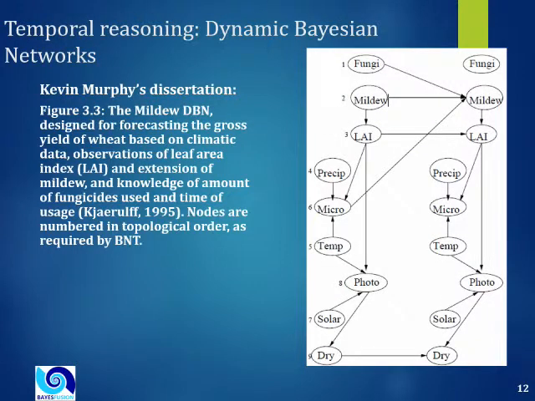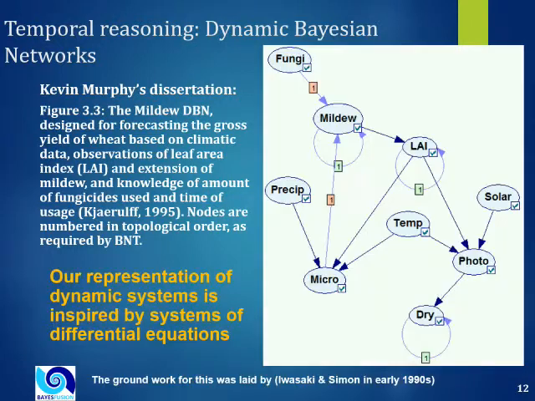Our software allows you also to represent dynamic models, dynamic systems. Here is a somewhat naive, we believe, representation of dynamic models in which we have the same variables replicated in time t and t plus 1 and showing influences that span over time. The representation used in Genie is closer to graphical representations of systems of difference or differential equations.